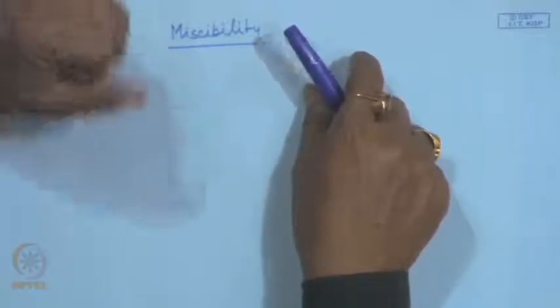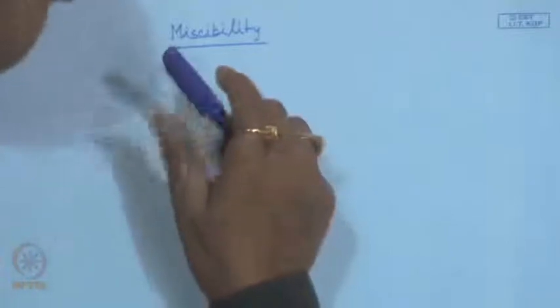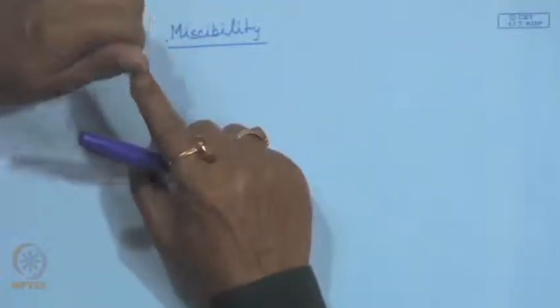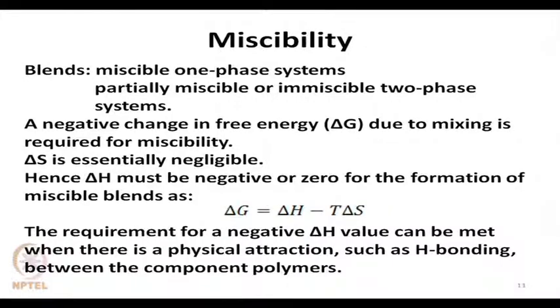Miscible blends can be a miscible one-phase system, a partially miscible system, or an immiscible two-phase system.